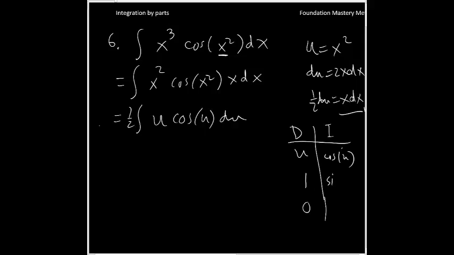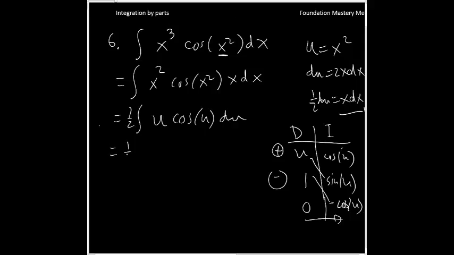Cosine u will give me sine u, and then it will give me negative cosine u. Now I follow like this, plus minus like this. Since it is 0, I don't have to go this way because it's 0 already, so you can ignore that term.